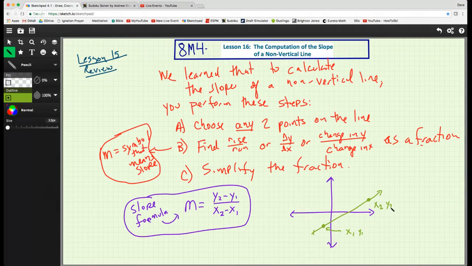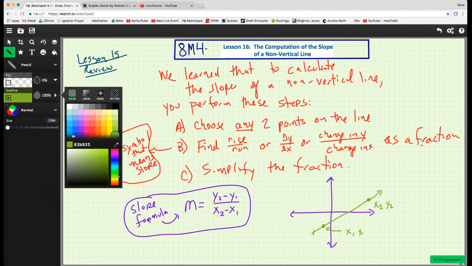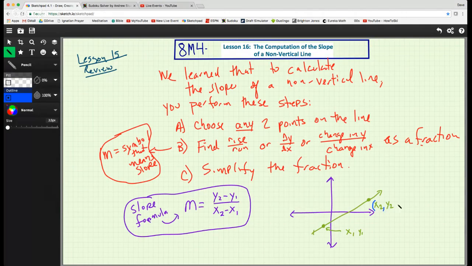But watch how I make it obvious. I'm going to switch colors. So this is x2, comma, y2, and this is x1, comma, y1. And the way that you find the rise, if this has a y coordinate of y1 and this is y2, this rise here is equal to y2 minus y1.